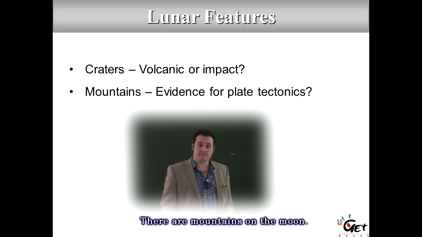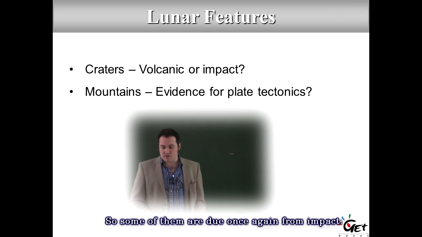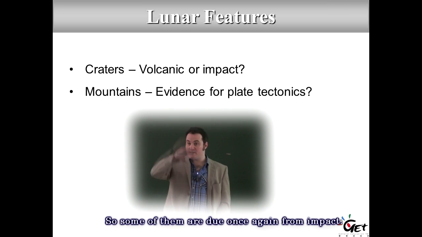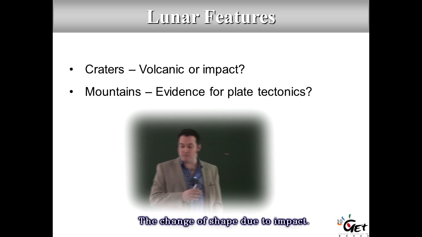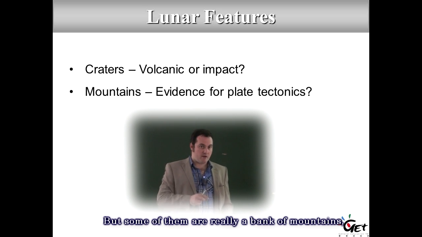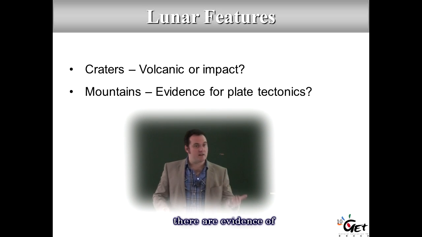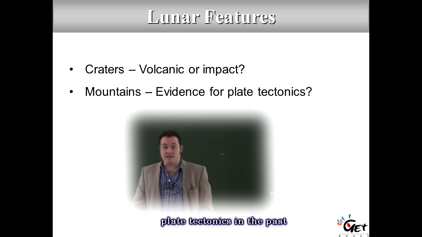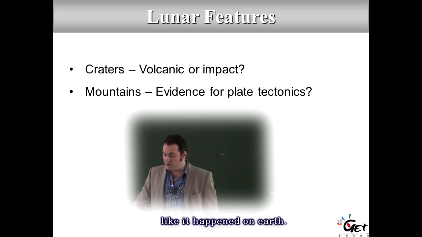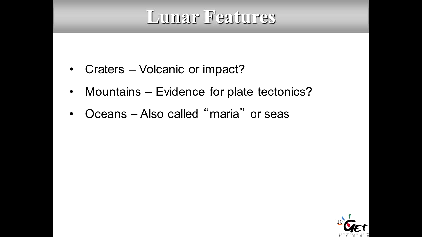There are mountains on the moon. Some of them are due once again to impact, the change of shape due to the impact. But some of them are really bands of mountains. There is evidence of plate tectonics in the past, like it happened on Earth. We have those oceans that we call maria or sea, which are darker.